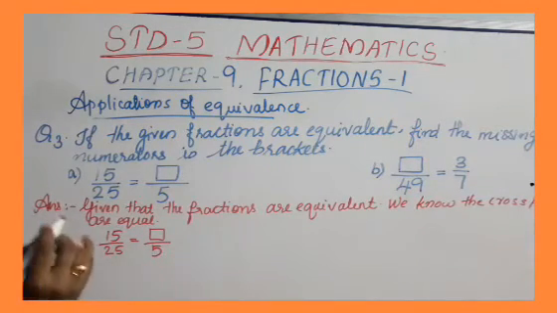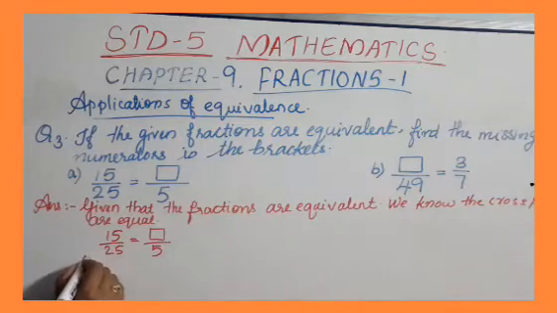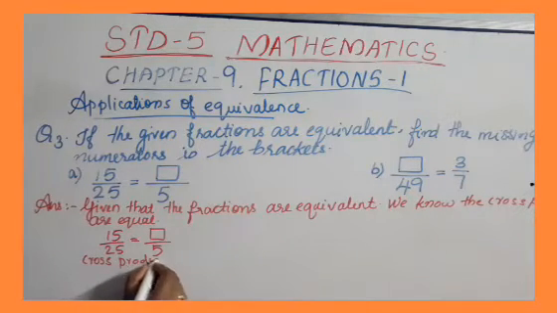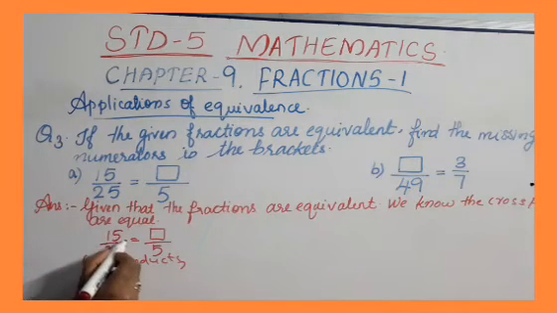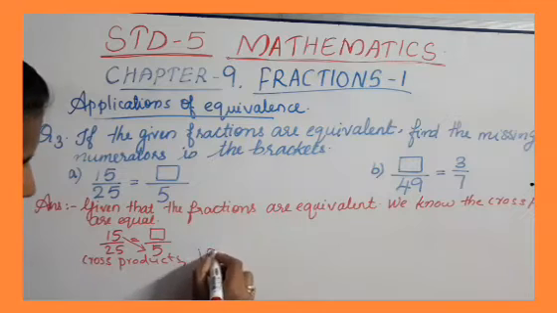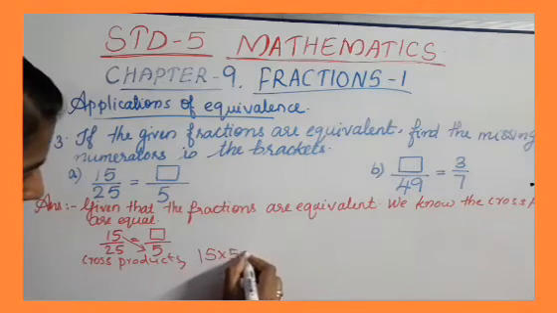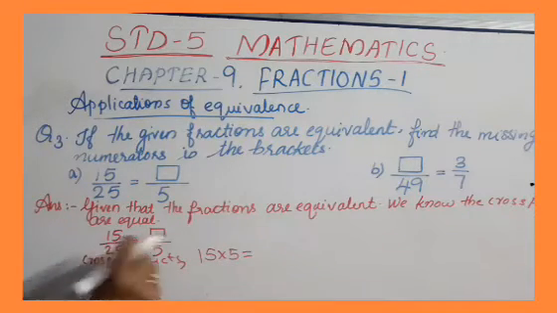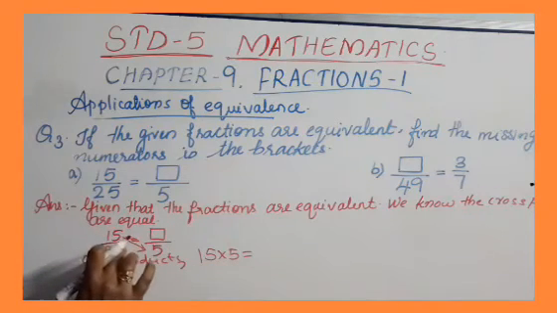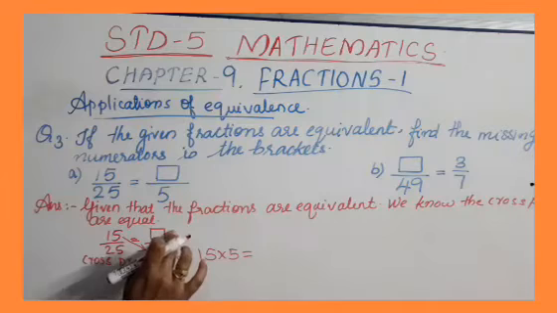Okay, and now let's do the cross products. 15 into 5 is equal to, then if the cross products are equal, 15 into 5 will be equal to 25 into dash.